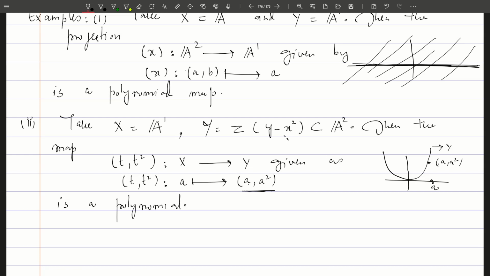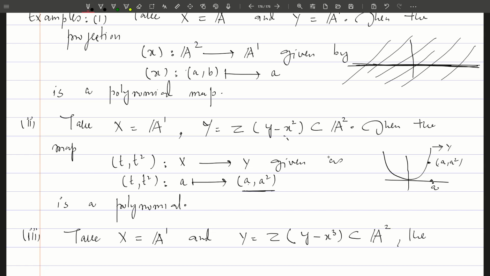Now what is not a polynomial map? Let us make this a third example. So take X to be the affine 1 space and Y to be the vanishing set of the polynomial, say y minus x cube, which is a subset of affine 2 space.